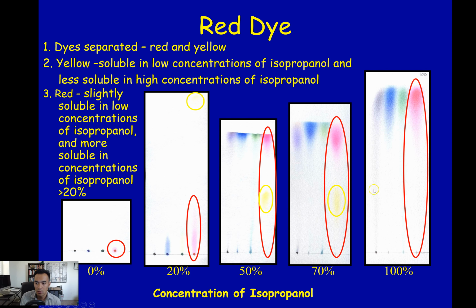If I take a look at the yellow color, it definitely behaves a little bit differently in low concentrations and high concentrations. Red is slightly soluble in low concentrations and much more soluble in higher concentrations. So that would indicate to me that the red dye has more nonpolar regions. And that would basically indicate that it has dissolved in the solution and it has a little bit more adhesion to the paper itself as well.